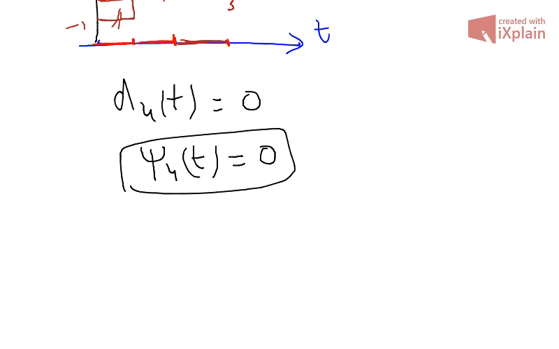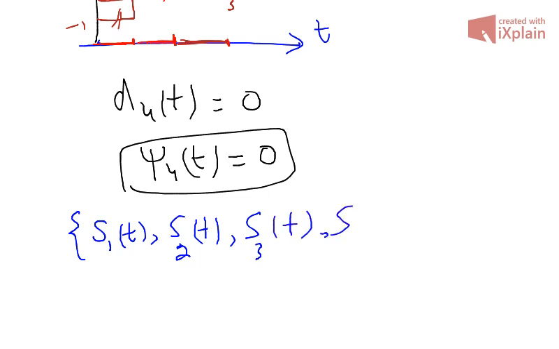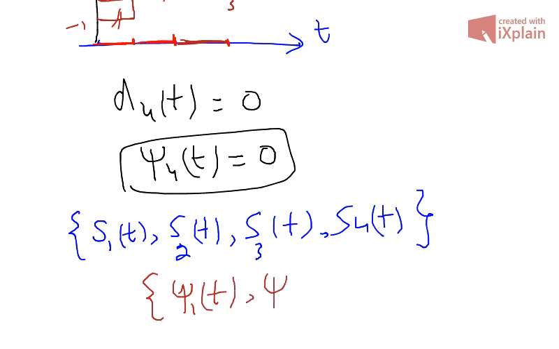3 basis functions. So see, we had a set of 4 signals, S1 of t, S2 of t, S3 of t, S4 of t, non-orthogonal signals. And from here we found a set of 3 orthonormal signals: psi 1 of t, psi 2 of t, and psi 3 of t.